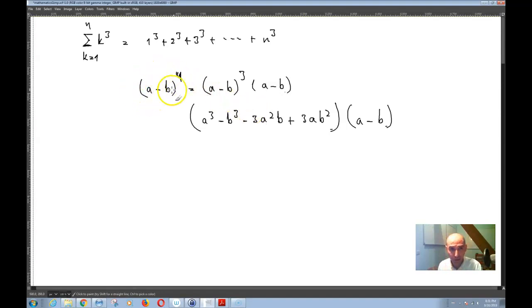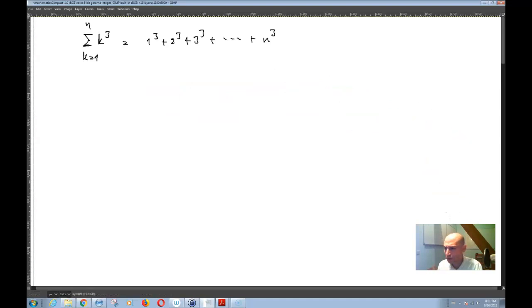If I use a plus b whole raised to the power 4, let me see. You know that a plus b whole raised to the power 3 is equal to a cube plus b cube plus 3a squared b plus 3ab squared.